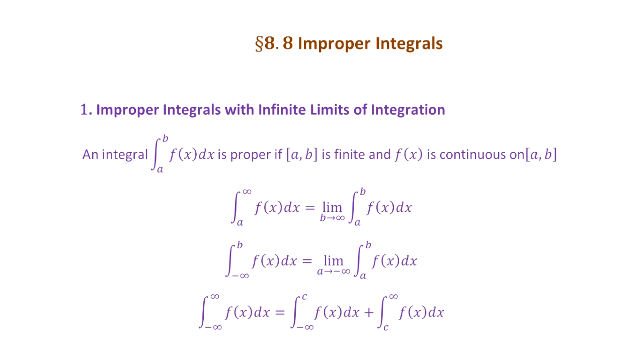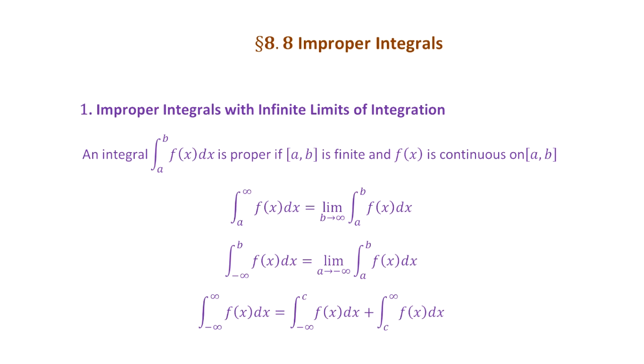You integrate the function f from negative infinity to c, the left-hand part of the area, plus the integral of f from c to infinity, the right part of the tail. This number c can be any number, it doesn't matter. You're going to get the same answer.